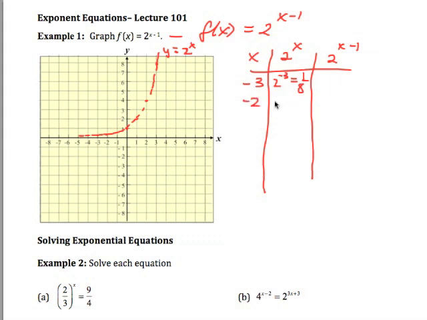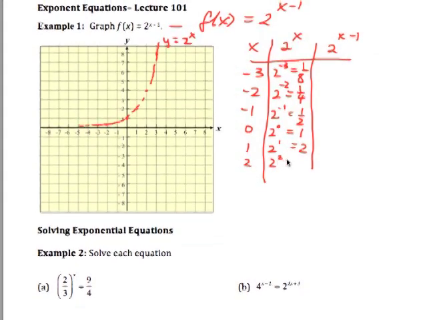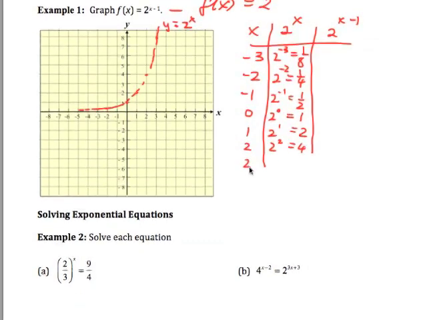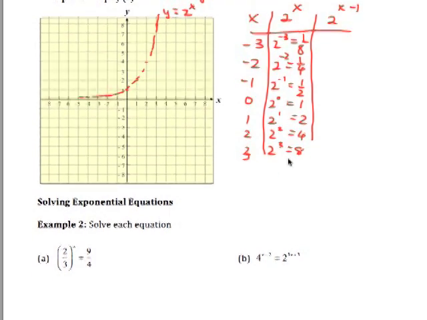If I have negative 2, this is 2 to the negative 2, which is 1/4. Negative 1 would be 2 to the negative 1, which is a half. 0, of course, 2 to the 0 is always 1. When I have 1, 2 to the 1 is 2. 2 squared is 4, and 2 cubed is going to be 8.